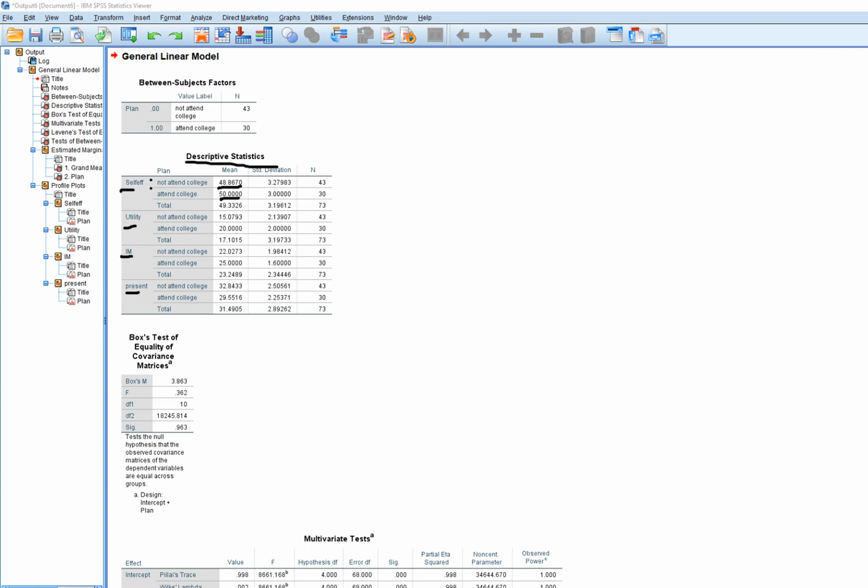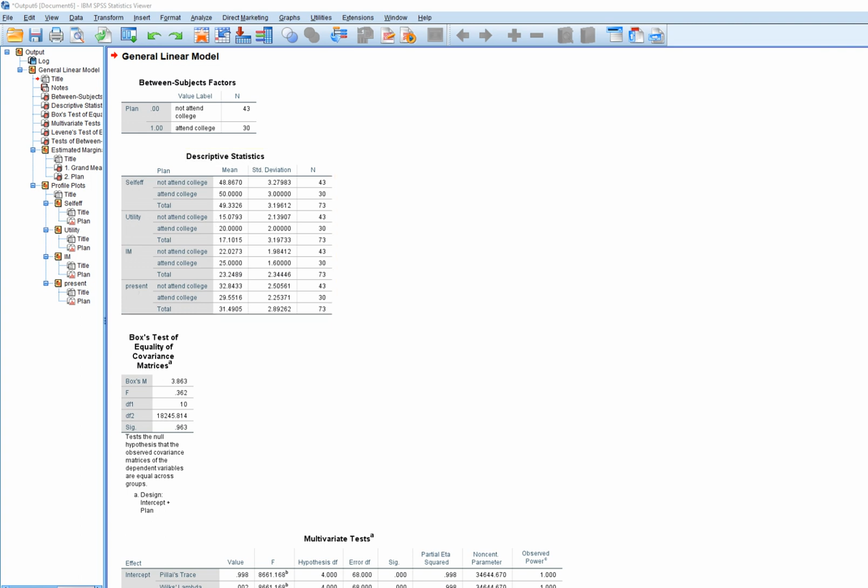Perceived utility is higher in the attend college group versus not intending to go to college. For intrinsic motivation, it's higher for the attend college group, and then present orientation is a little bit higher in the do not intend to go to college group versus the intend to go to college group. So those are the basic descriptives.